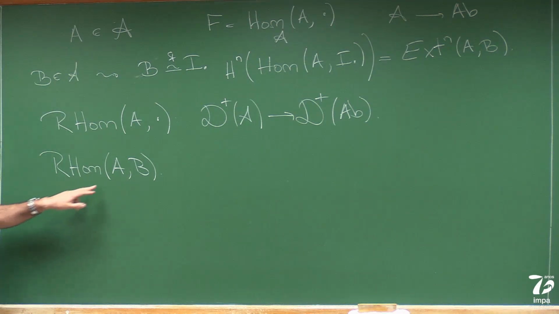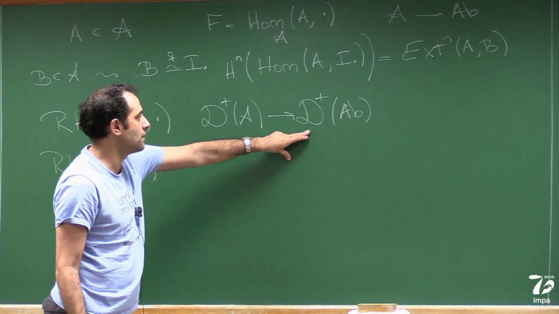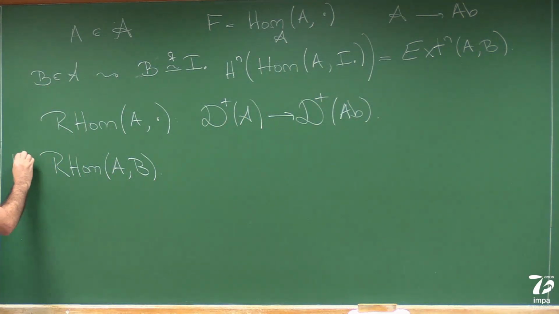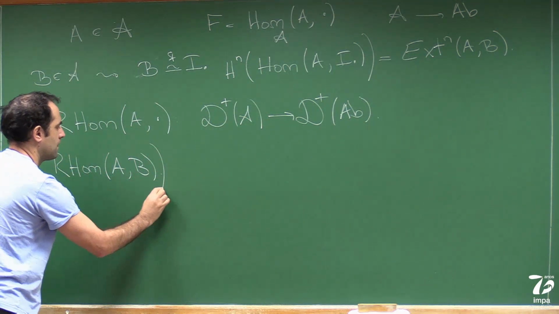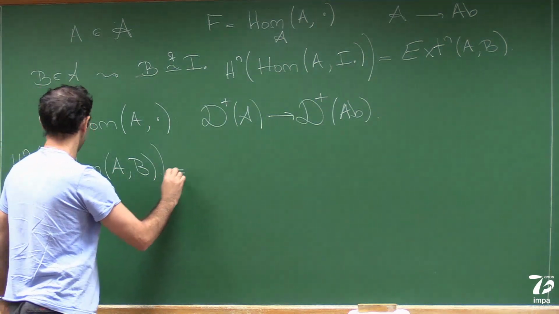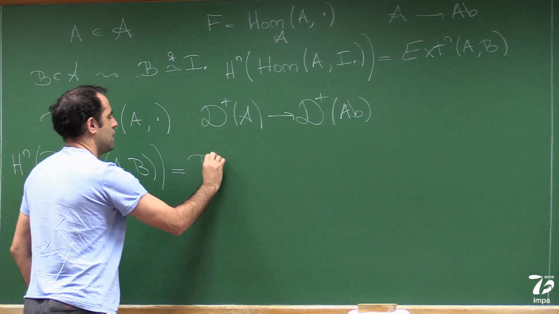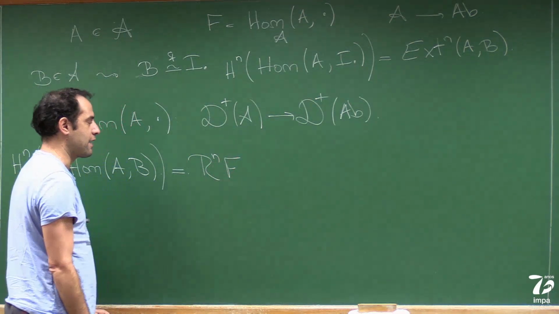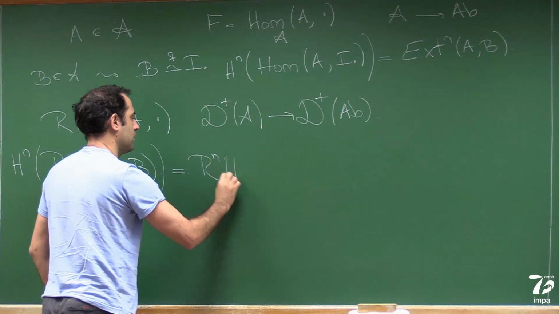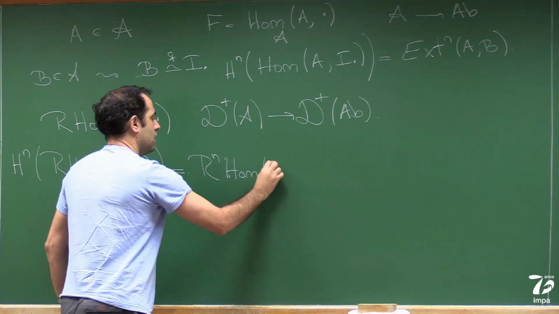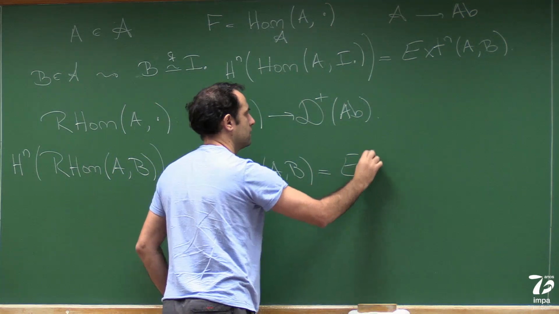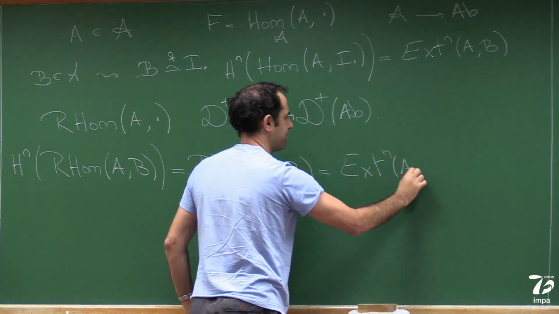So now this is an object of this category, and objects in this category were complexes. I can take the homology of that. So this, by definition, is just a name for that homology. This is the right derived functor of Hom(A, B), and we know that this is just Ext^n(A, B).